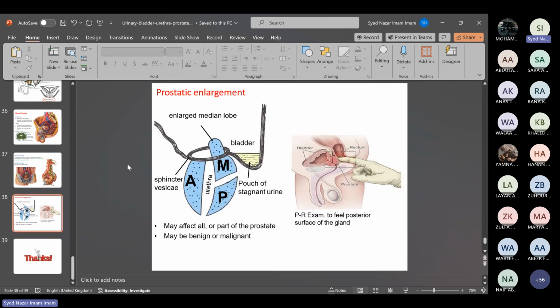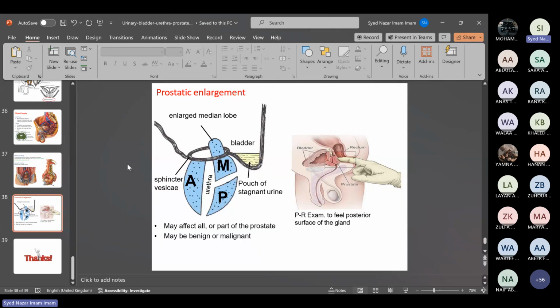And when you come for the practical, try to see the urinary bladder, the prostate, and the posterior wall of the prostatic urethra. These are important points. You can also see the ureter, the pelvic part of the ureter, and its arrangement in the male and the female.